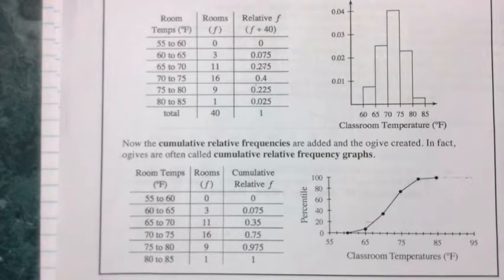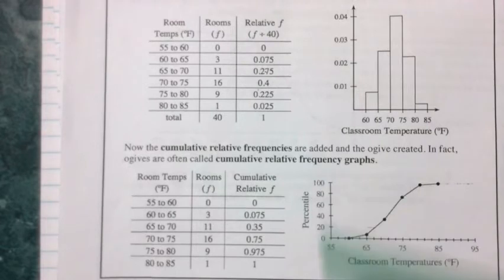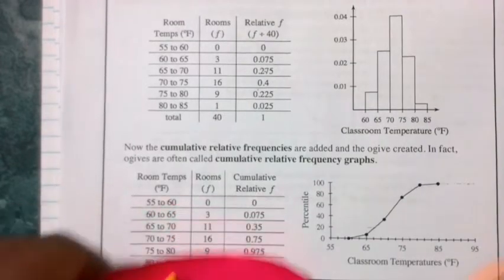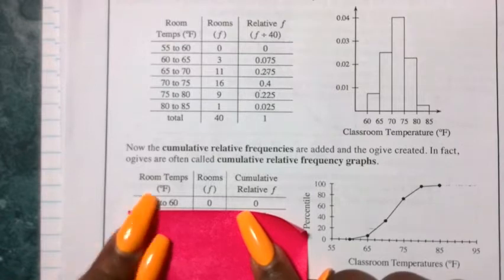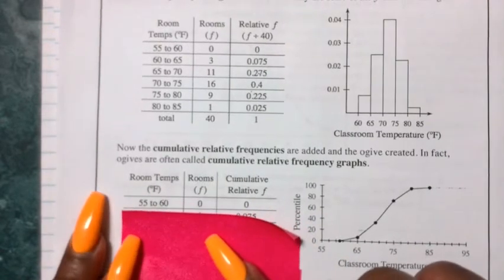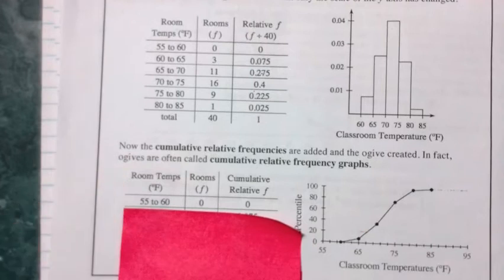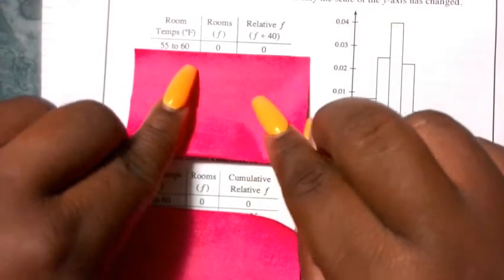To calculate the cumulative relative frequency, you use the relative frequency. A lot of these words are tongue twisters. You use the relative frequency to calculate the QR. I'm calling it QR. So for the first data point, 55 to 60, I'm going to add the relative frequency to what's above.